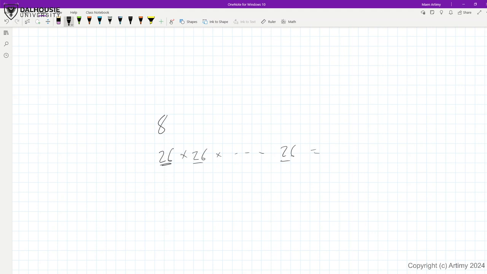If you multiply all of this, you will find that the number of possible 8-letter passwords from English characters is 26 to the power 8.